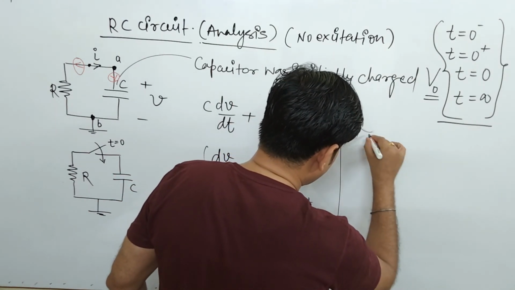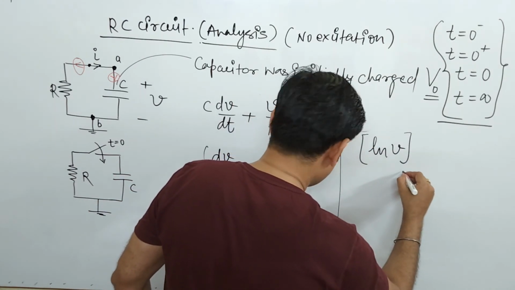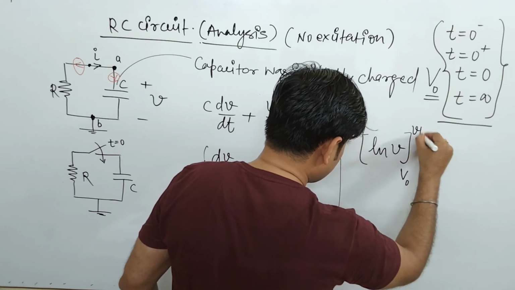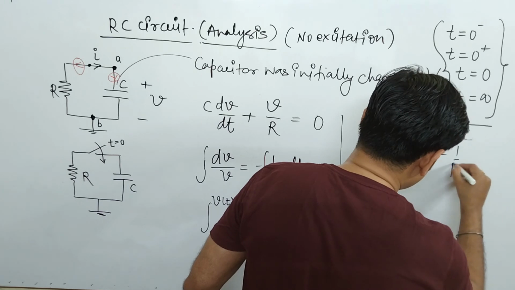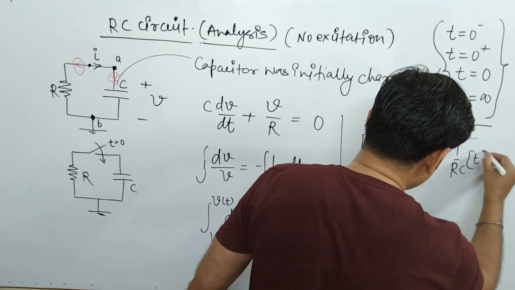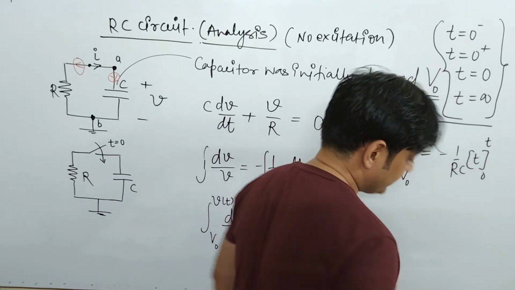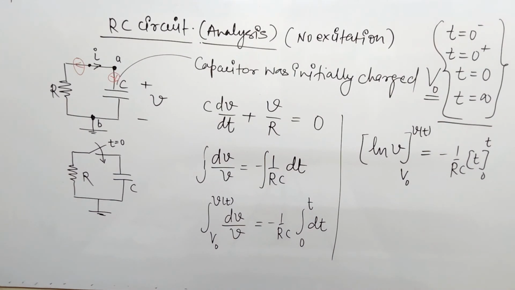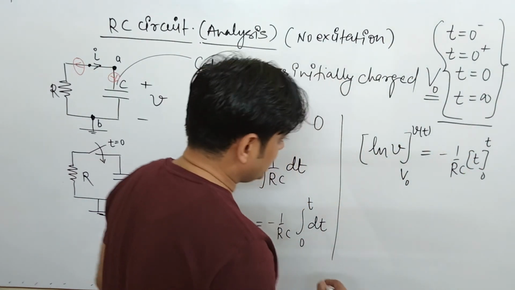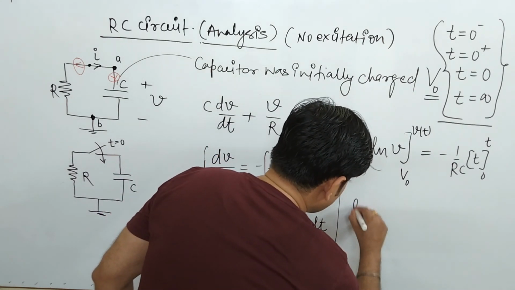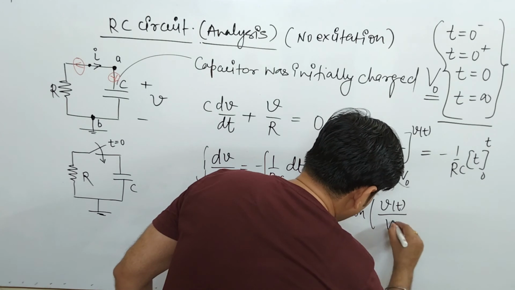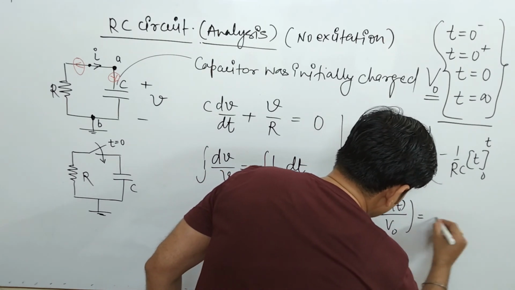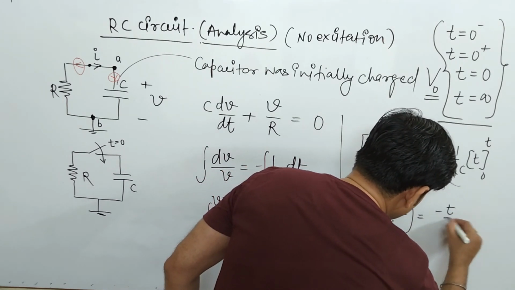That is ln of V with the limit, minus 1 upon Ct with the limit 0 to t. You know the mathematics, so I don't think there is any issue. Once you solve this, I'll directly solve it. This comes to be ln Vt upon V0 is equal to minus t by RC.